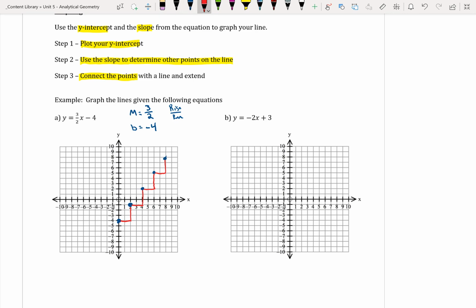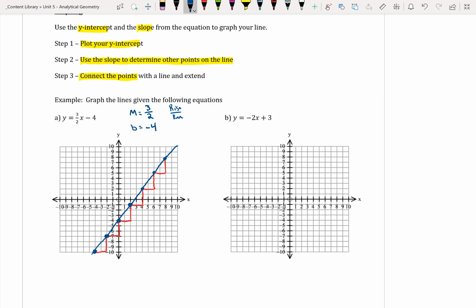Now I can't go any further to the right, but let's go backwards, where I'm going to reverse everything. I'm going to go down 3, to the left 2, down 3, to the left 2, and plot my points. Now I'm just going to connect all these points, and I should get a straight line, which I do. If I'm using a ruler, I'm making sure that it's nice and straight and it's a neat line. And there's your line.